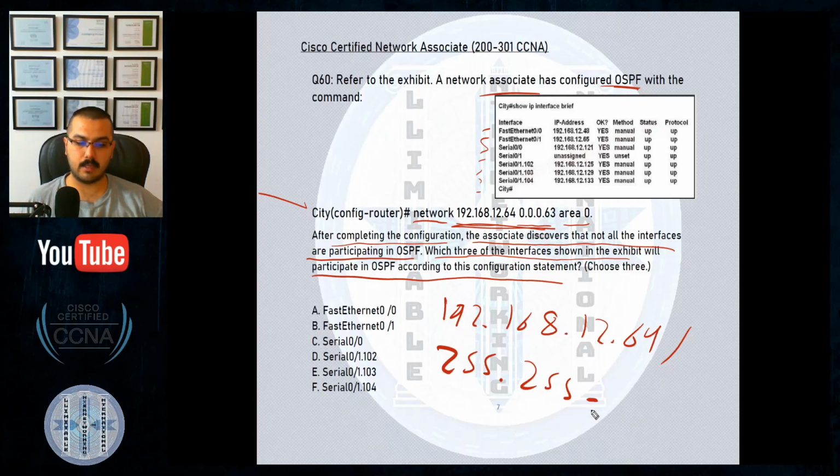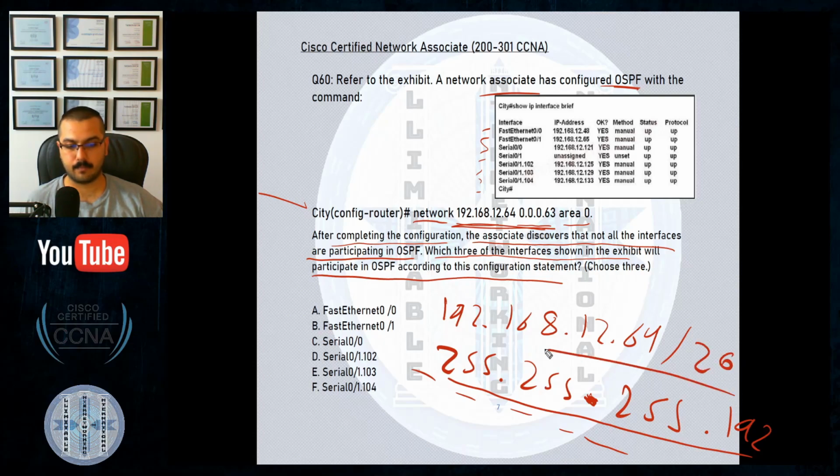Dot 255 minus, this is a dot. 255 minus, this is not working correctly, isn't it? Yeah, okay, anyway. 255 minus a third 0 will be 255, and 255 minus 63 will be 192. Changing that to binary will be ones, ones, ones, two ones and 6 zeros, so it will be slash 26.